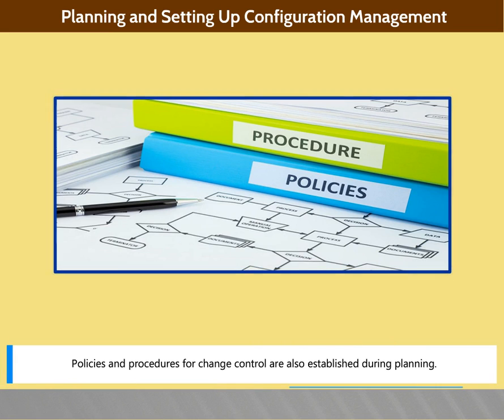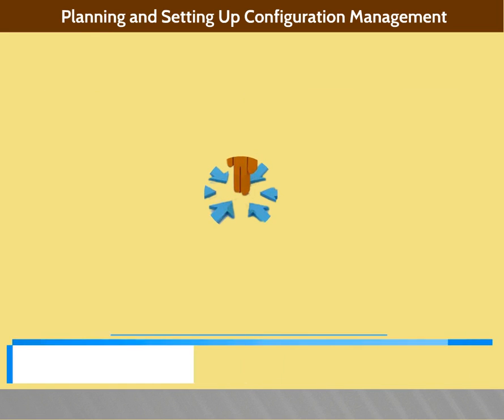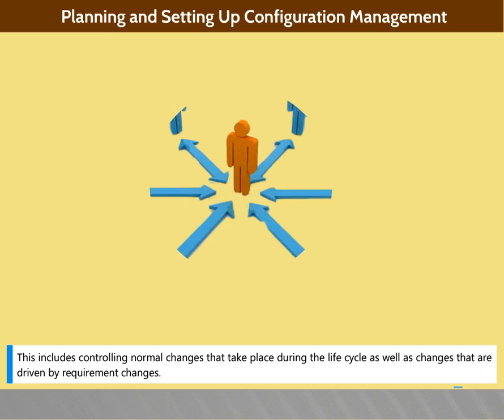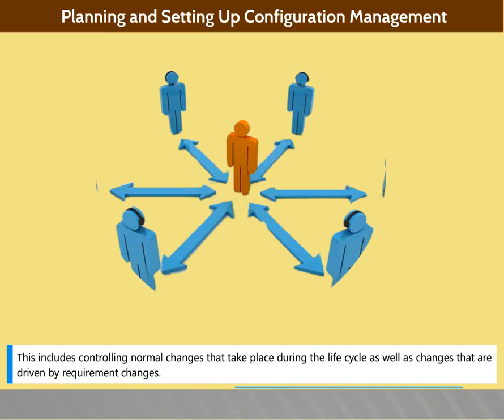Policies and procedures for change control are also established during planning. This includes controlling normal changes that take place during the lifecycle as well as changes that are driven by requirement changes.